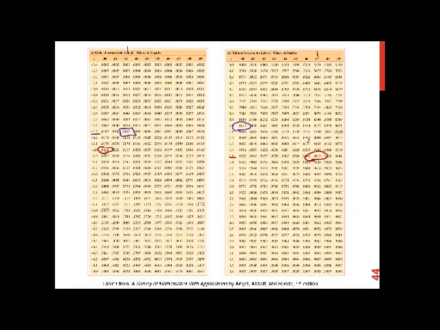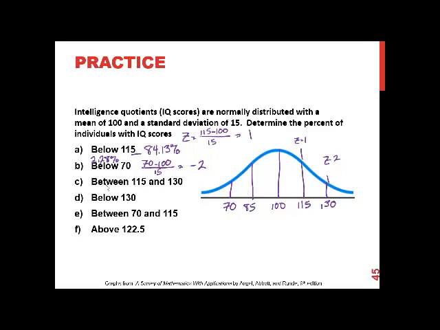The area for a z-score of 2 is 0.9772. So this one will be 0.9772 minus 0.8413. And that gives us 0.1359.